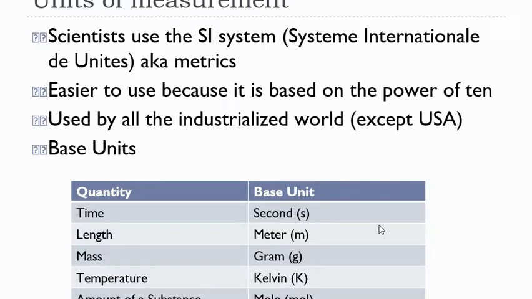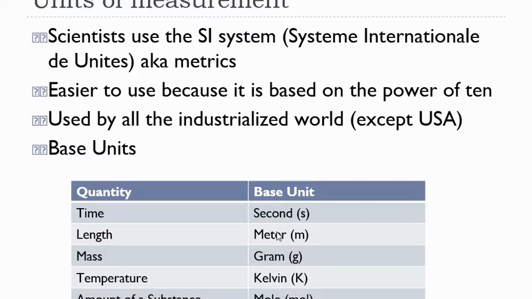Okay, so base units. When we work with the metric system, we have what's called base units. For time, they're seconds. You might have heard of a millisecond when they're talking about athletes, swimmers in the Olympics, where a millisecond might separate the gold from fourth place.